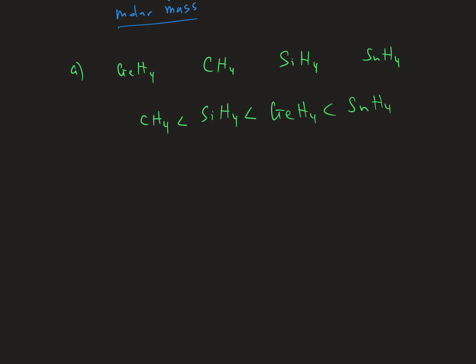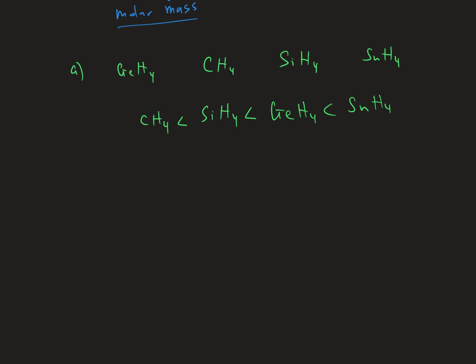Great question. So there are 3 different types of intermolecular forces we're going to talk about. London dispersion is the weakest out of all 3 of them. So if one molecule has London dispersion and another one has hydrogen bonding, and hydrogen bonding is stronger, which one is going to have a lower melting point?